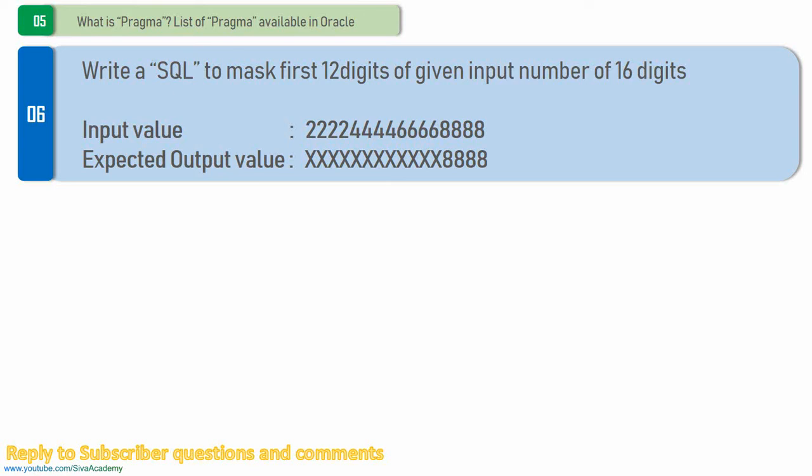Now let us write a SQL to understand this. Let me show you 2 different ways to mask this. Probably there are many other ways. I would suggest you explore and try masking in your own way.